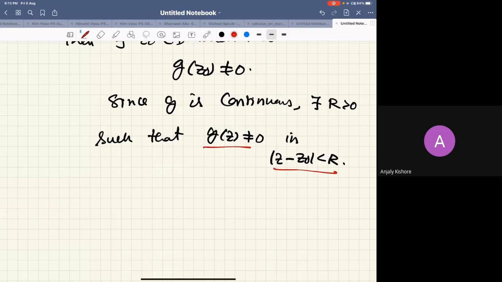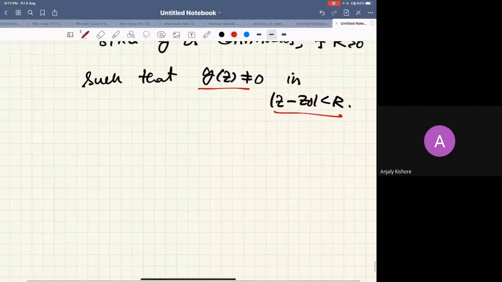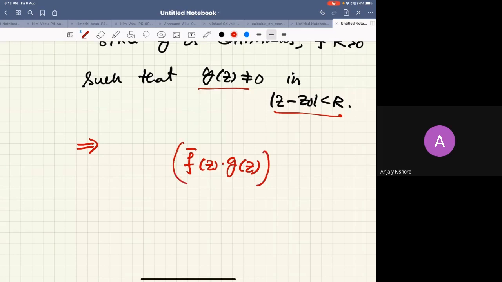So what is given is that f bar of z into g of z is an analytic function. Am I right? This is an analytic function, which is given.